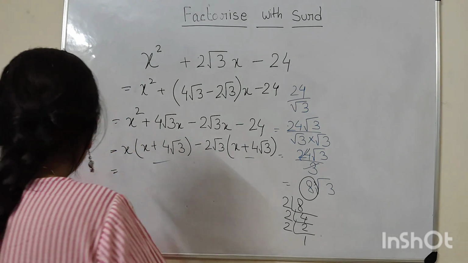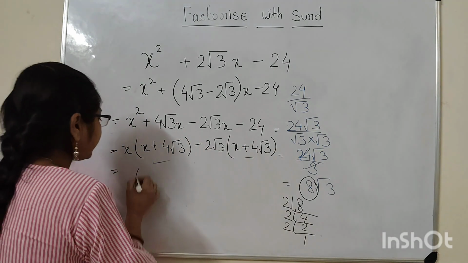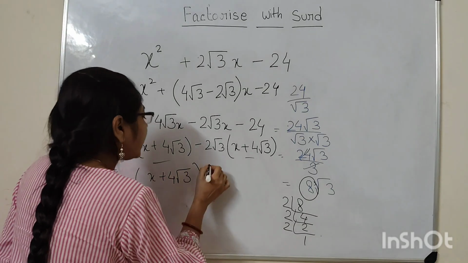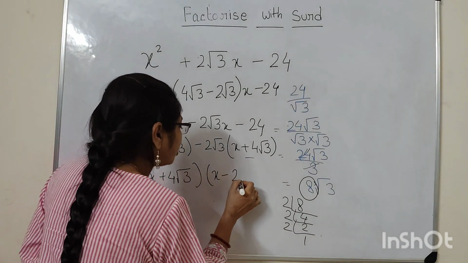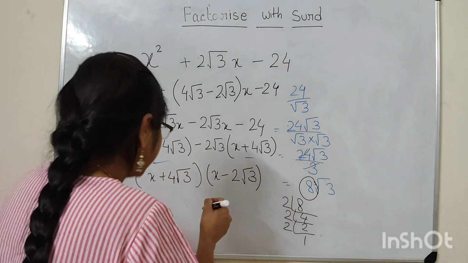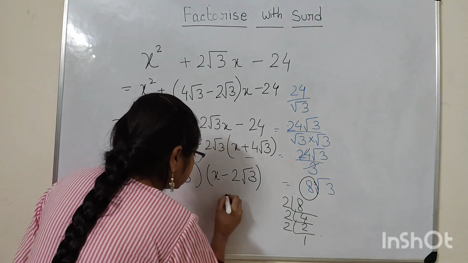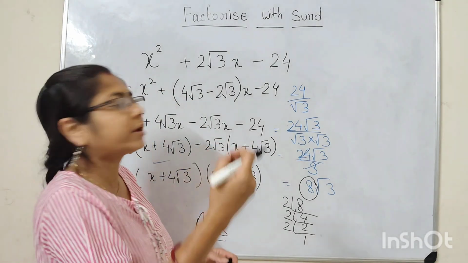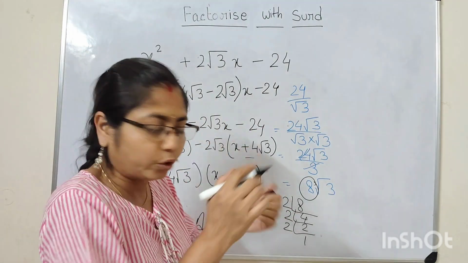So how can I do? I do the same thing. X plus 4 root 3 and x minus 2 root 3. Clear? One minute, clear? Your answer is coming. This is your answer. But this is a new math, I just recall the trick part, not the full math.